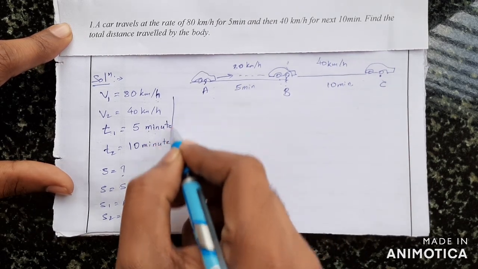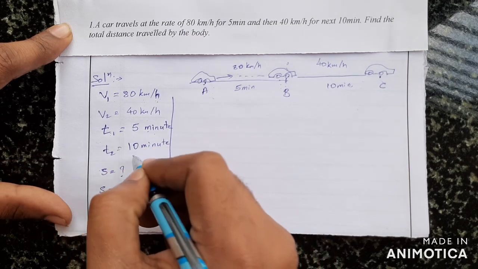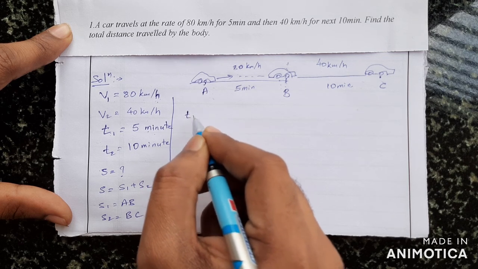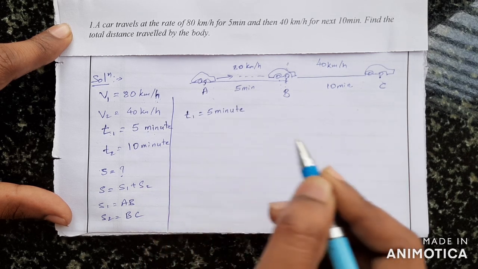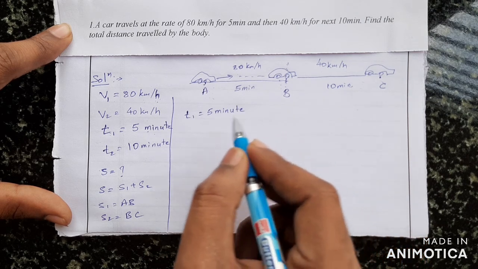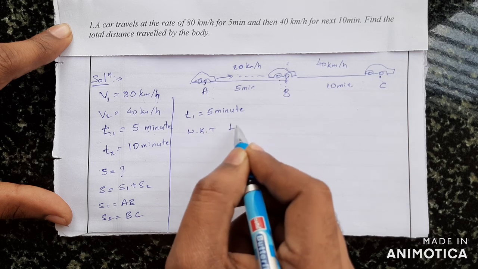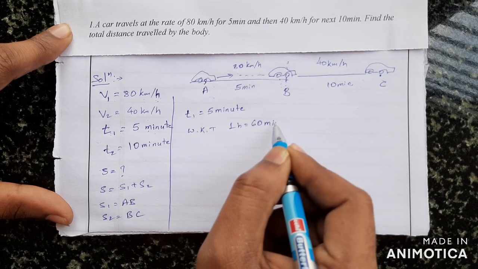How do I do that? See, 5 minutes is T1, 10 minutes is T2. What is 1 minute equal to, or what is 1 hour equal to? We know that 1 hour is equal to 60 minutes, right?